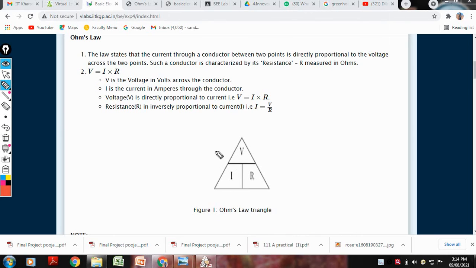And here is the Ohm's law triangle: voltage, current and resistance.